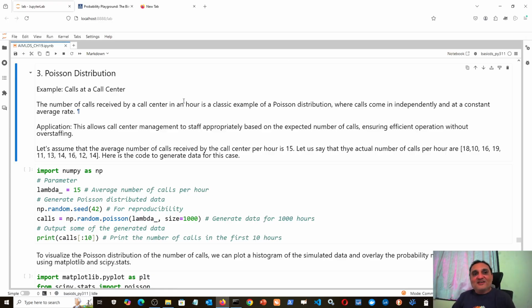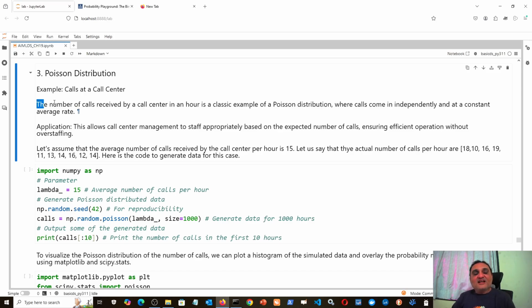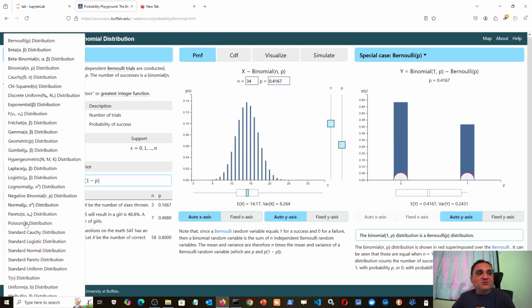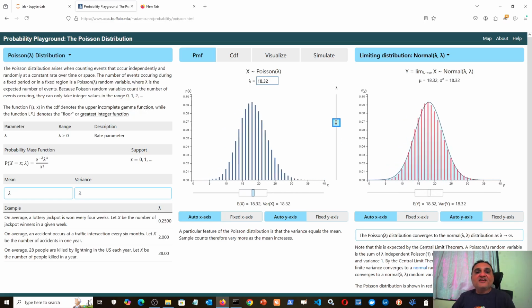So you will not be unnecessarily hiring engineers and spending on salary if you can estimate how many calls will come. And surprisingly, how many calls will come at tech support always varies according to Poisson distribution, irrespective of the business. For example, here is the Poisson distribution. Lambda is the parameter in the Poisson distribution.